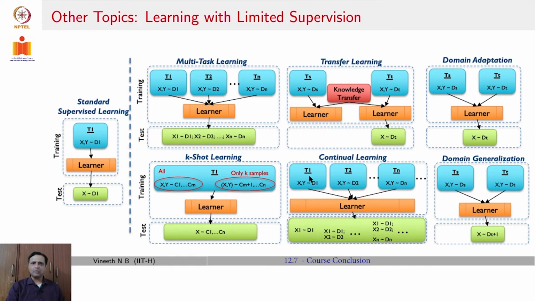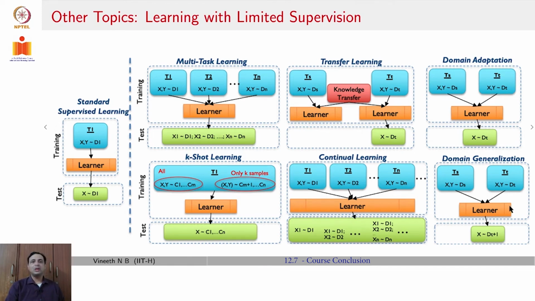The phenomenon of catastrophic forgetting, which we briefly spoke about in the lecture on few-shot and zero-shot learning, becomes even more prominent here when you don't have access to data from task 1 or task 2 when you come to task Tn, but you still have to perform well on them. Neural networks in their vanilla versions suffer from catastrophic forgetting in this context. Addressing catastrophic forgetting is one of the most important objectives of continual learning methods.